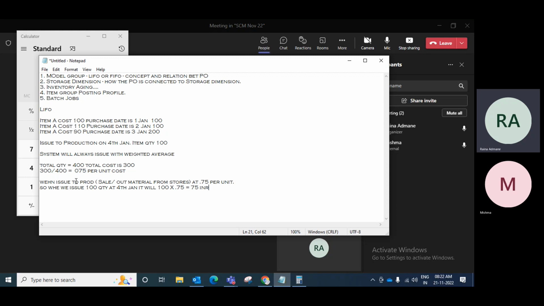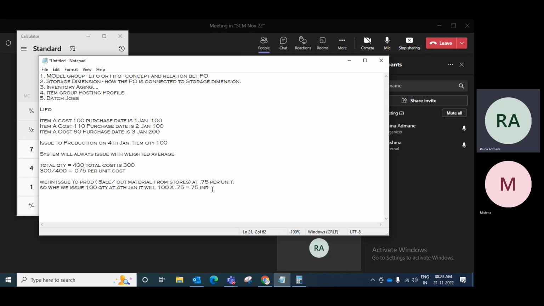It will check what the last date is, which quantity is available, like on the 4th, what rate is available. It will pick up the last quantity at its rate. In this case only 90 rupees will be charged, because the last quantity is 200 and you are issuing only 100.